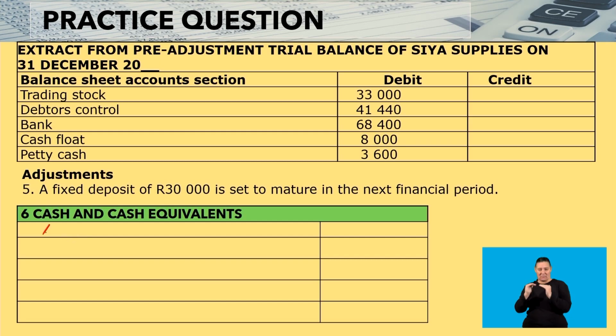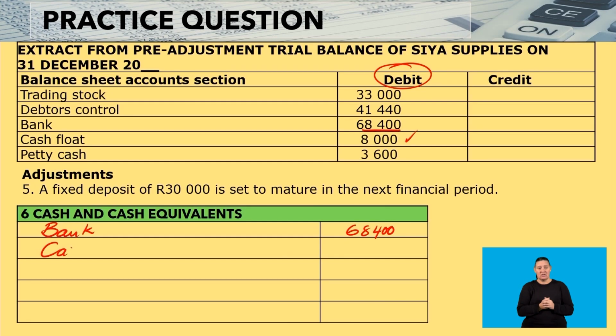The first thing that I will bring is my bank, 68,400, and you can see it is on the debit side. That means it is a favorable bank balance. So I'll say bank 68,400, favorable bank balance.